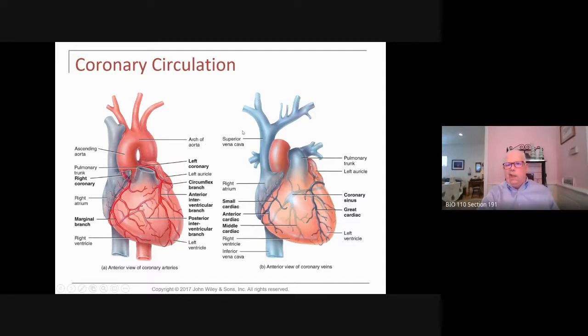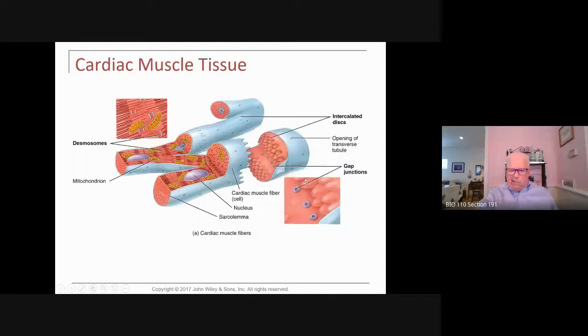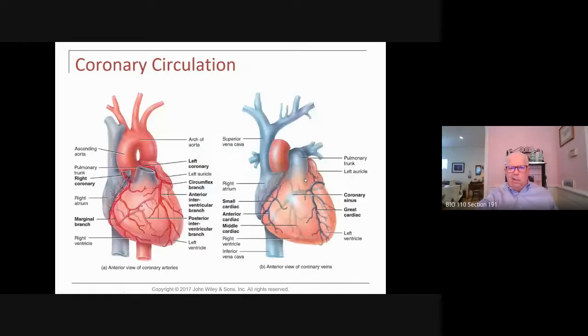Here you see a branch of the superior vena cava. Here's the inferior vena cava. And here's the coronary sinus. Those are the 3 veins that put deoxygenated blood into the right atrium. All right?